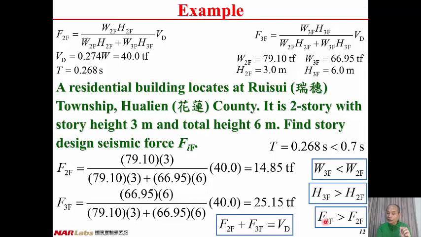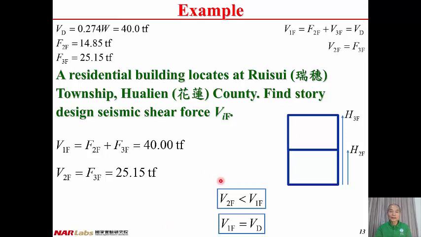Therefore, we have F3F larger than F2F. The summation of F2F plus F3F equals Vd. We have this inequality in this case. Is it true for other cases? That's my question for all of you.